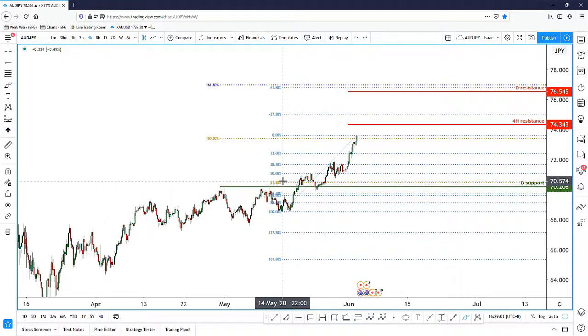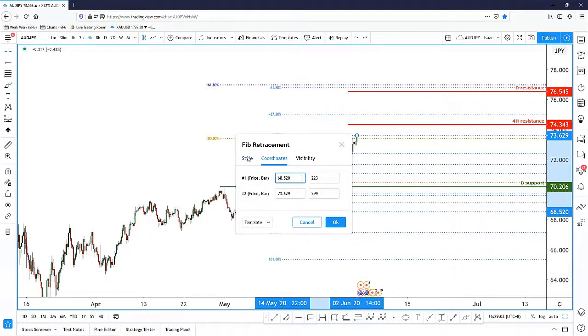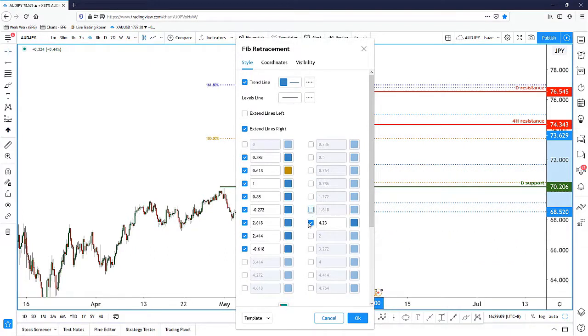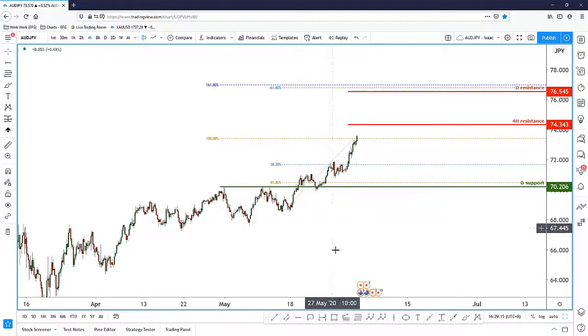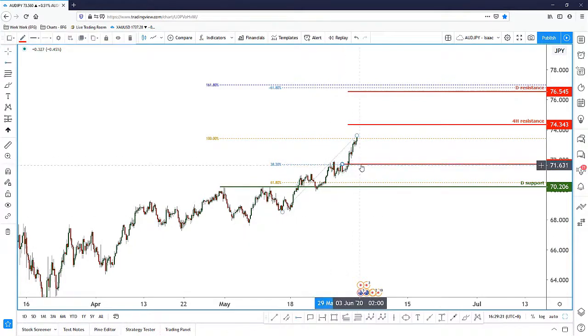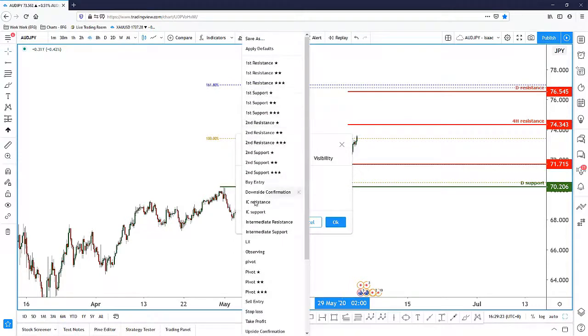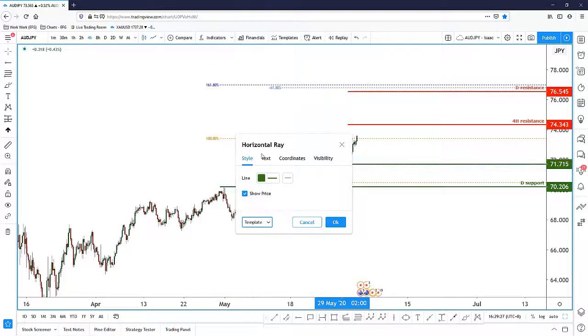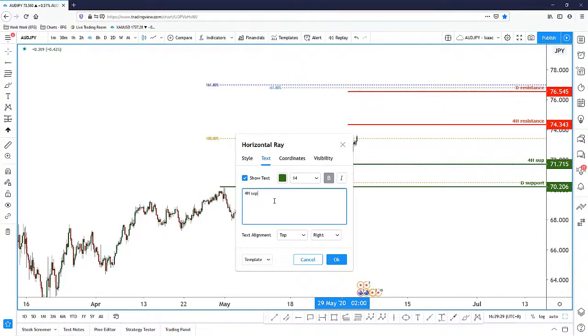Okay, so I'll just highlight these few levels, the 61.8, the 38.2, and of course the negative 61.8. Okay, so we tidy up the charts a bit, and these are the levels that we have. All right, and I'll put in the 4-hour support. Okay, so this will be the 4-hour support.